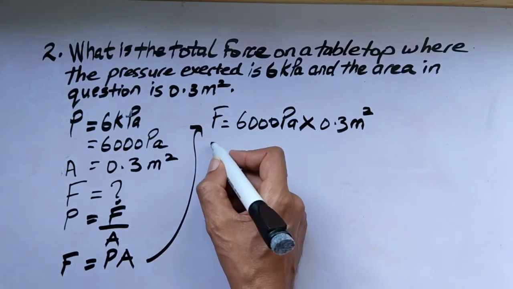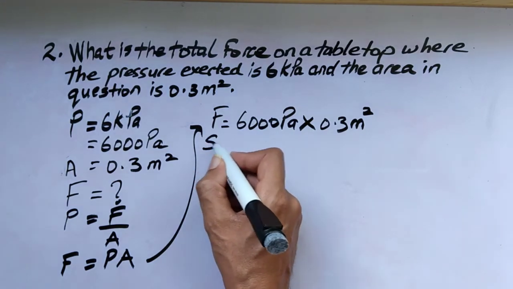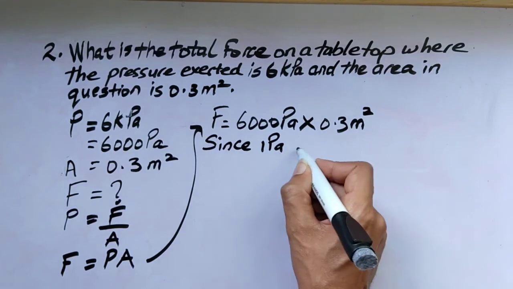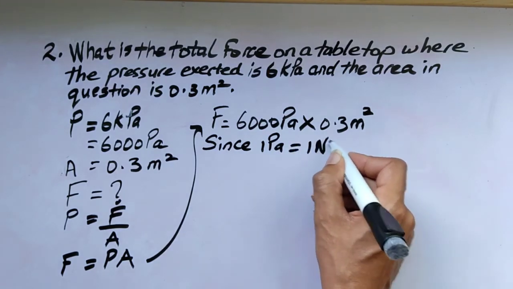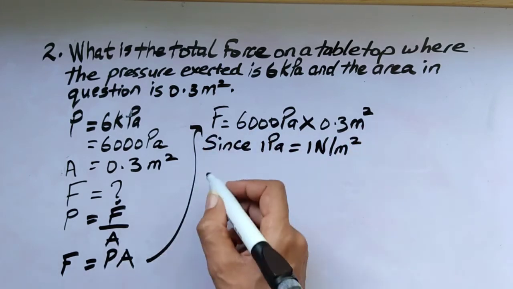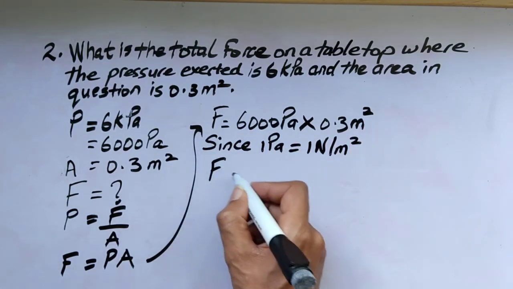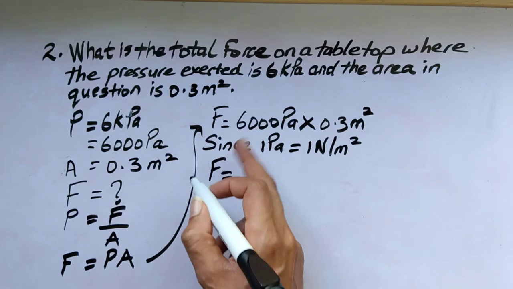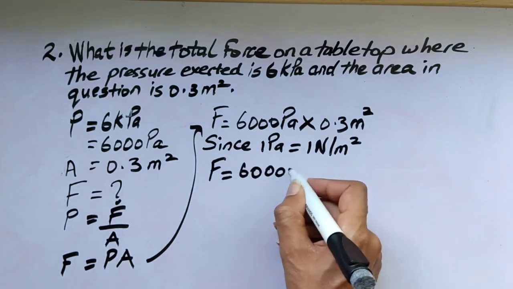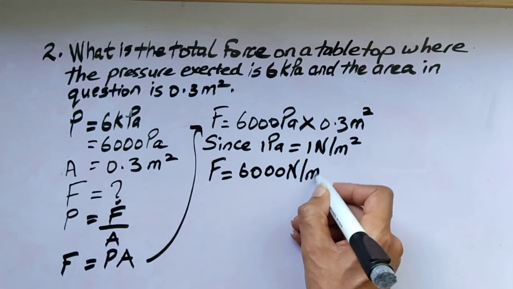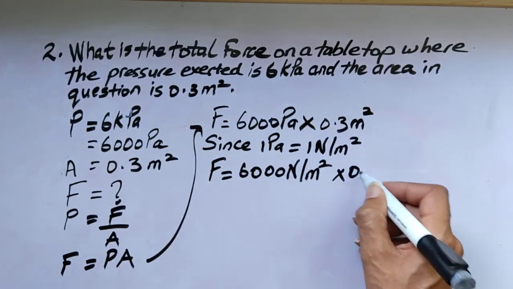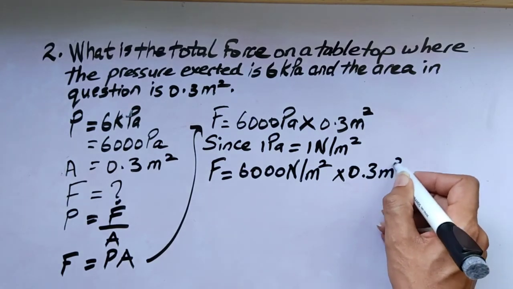As you know, 1 pascal is equivalent to 1 newton per meter squared. So since 1 pascal is equal to 1 newton per meter squared, if I'm to rewrite this, force is equal to 6,000 newton per meter squared multiplied by 0.3 meter squared.